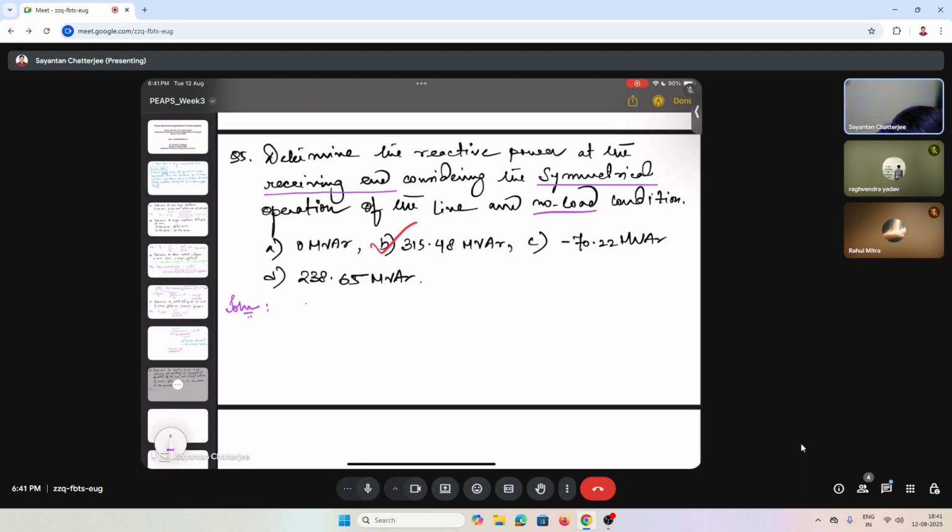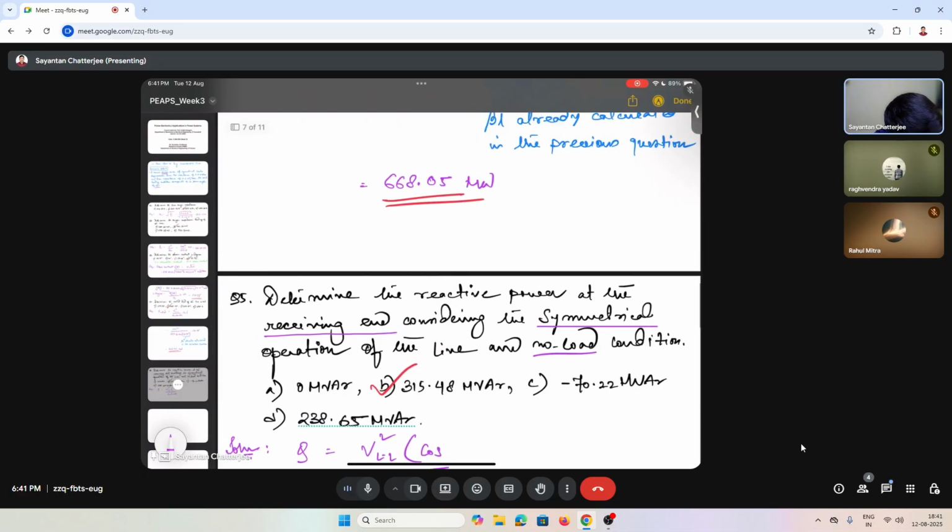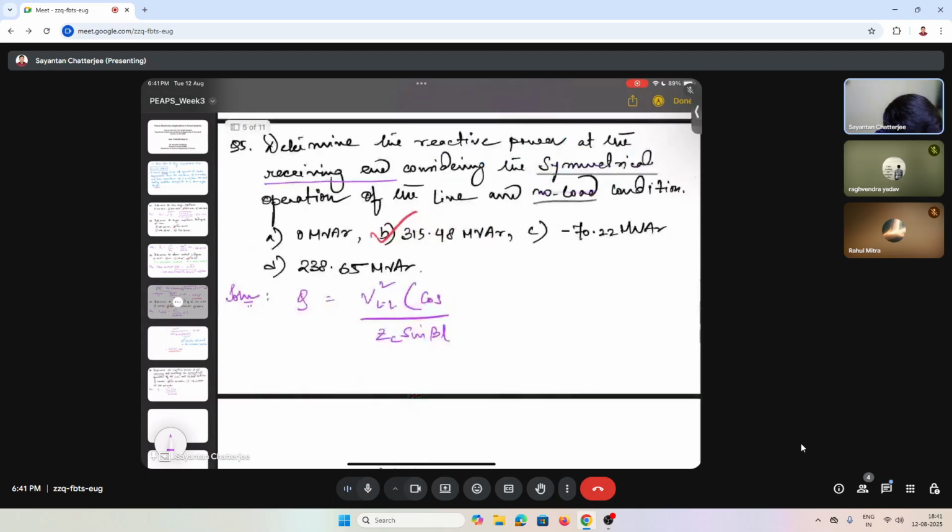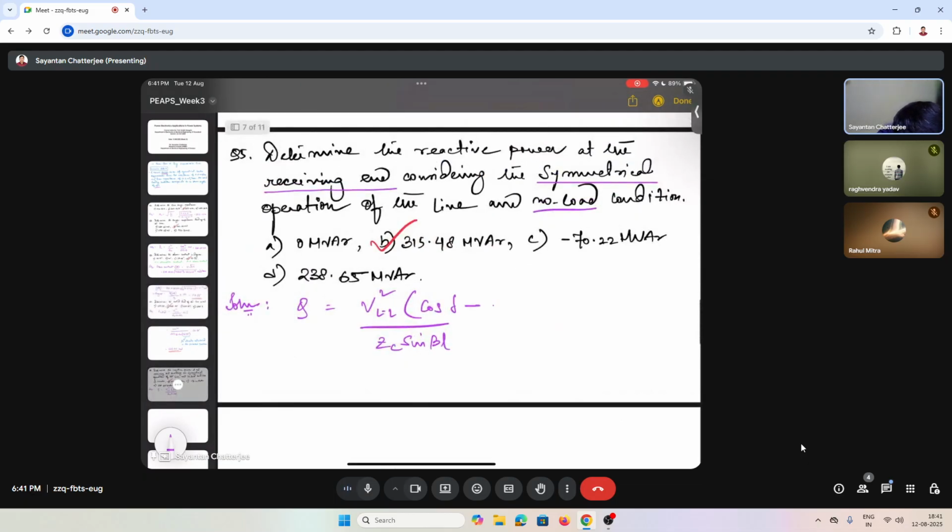So it will be given as V line to line square over ZC sin beta L. This part is fixed. Inside the bracket, there was only sin delta in the case of real power, but here it will be cos delta minus cos beta.